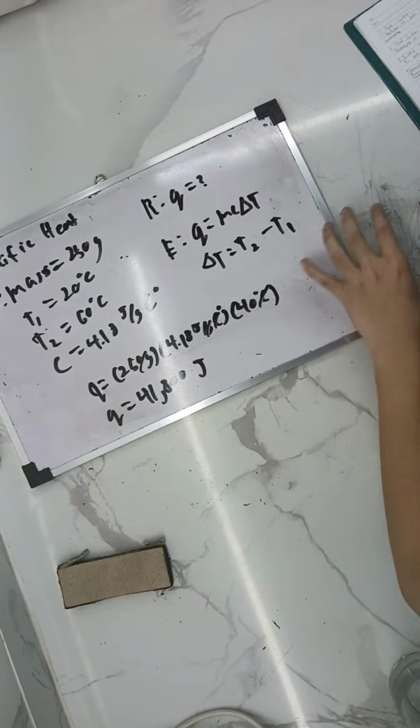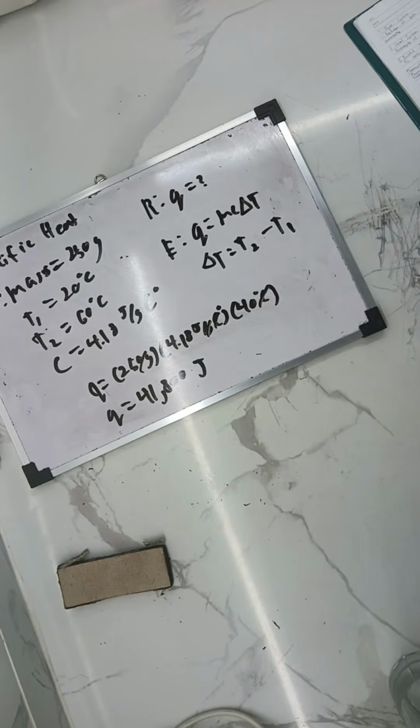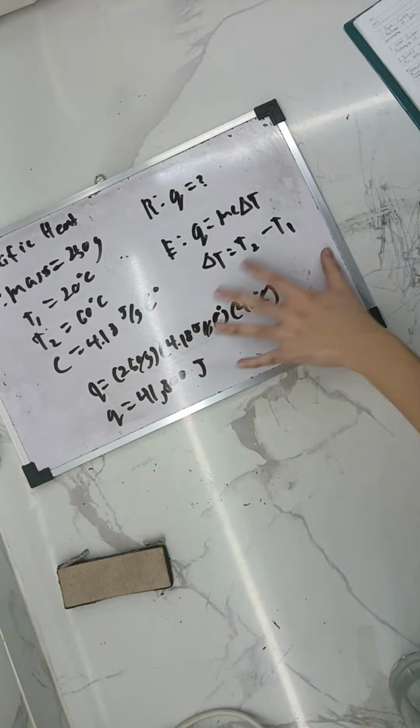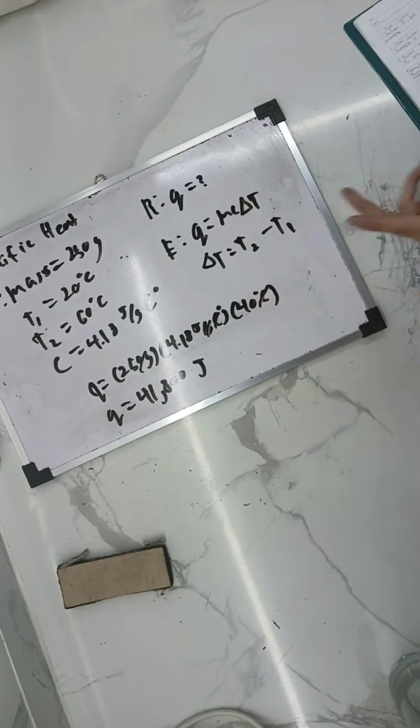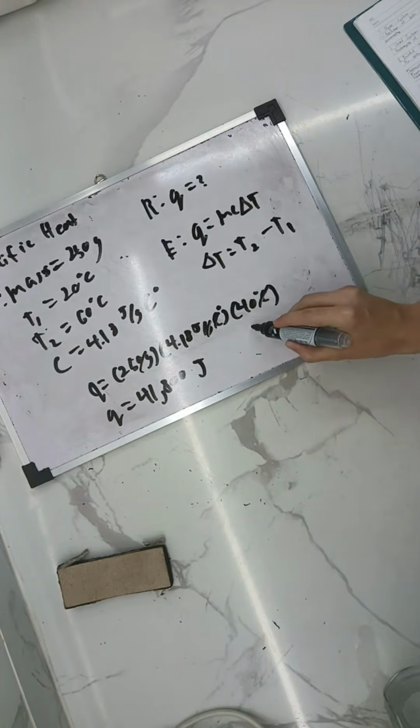Q equals mc times the change of temperature, and the change in temperature is equal to T sub 2 minus T sub 1. So I simply just got T sub 2, which is 60 degrees Celsius, subtracted it by T sub 1, which is 20 degrees Celsius, and we got 40 degrees Celsius right here.